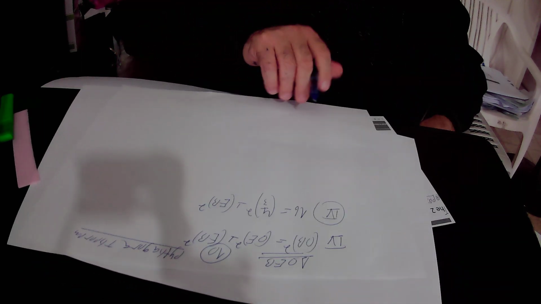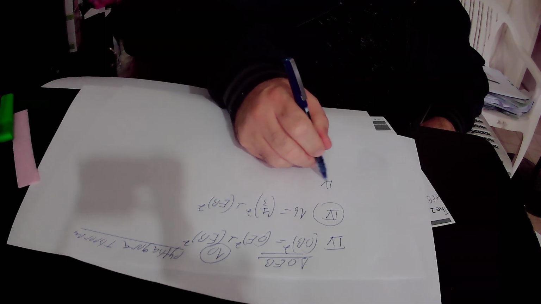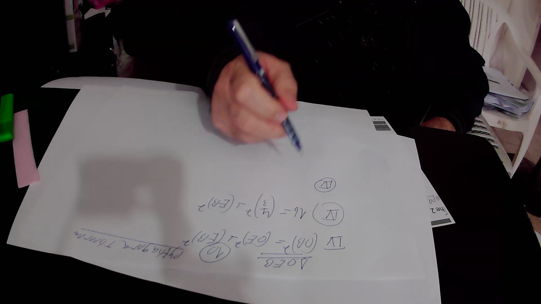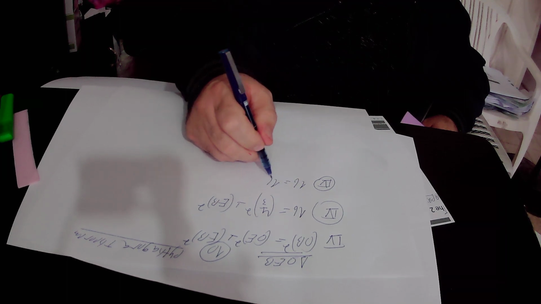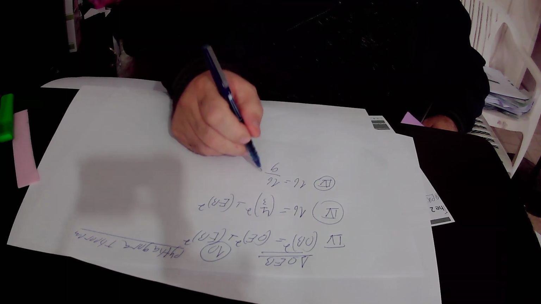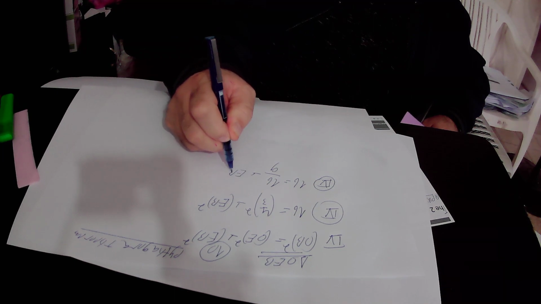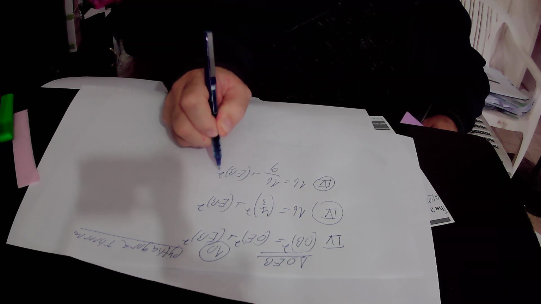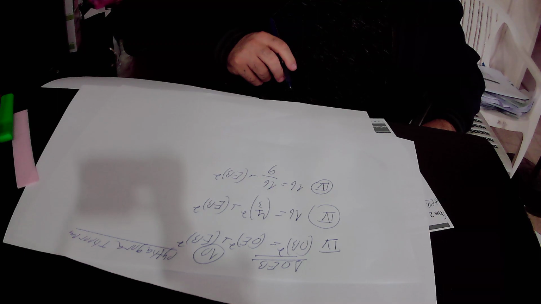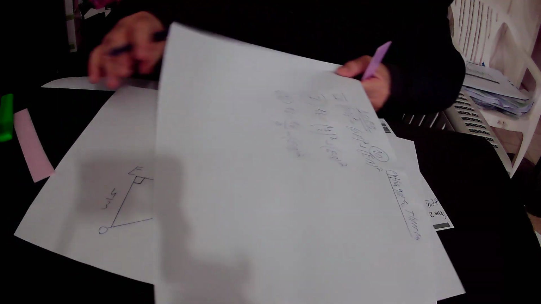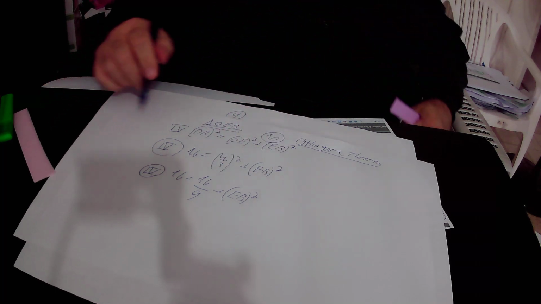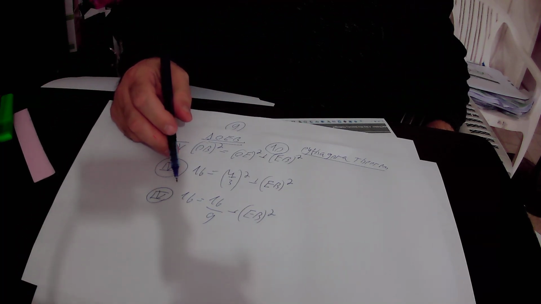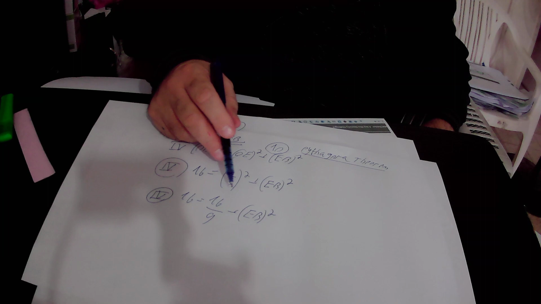So in total we got that 16 equals 16 over 9 plus EB square.